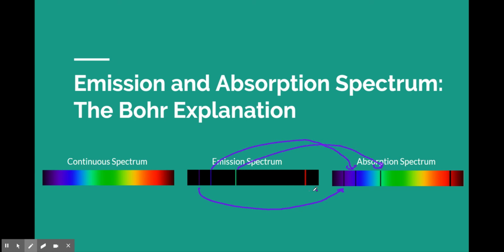So they're symmetrical, except this one is emitting those photons as electrons transition from high to low, and this one is absorbing photons as the electrons jump to a higher energy state. So hopefully you hung in there and that makes some sense, this idea of the emission and absorption spectrum.